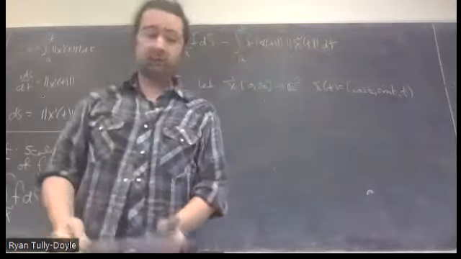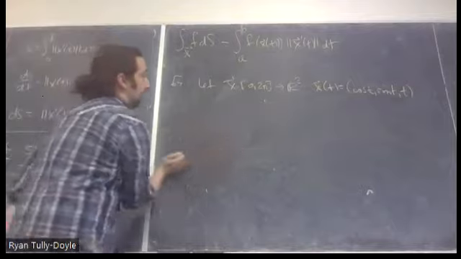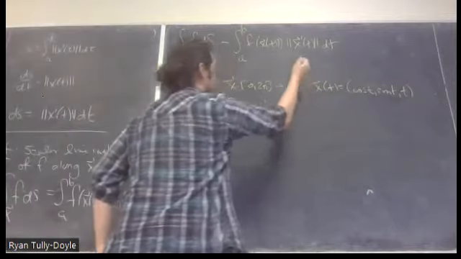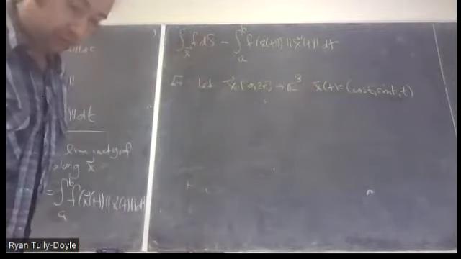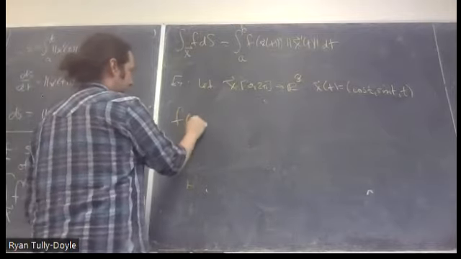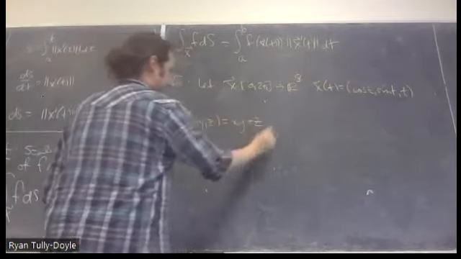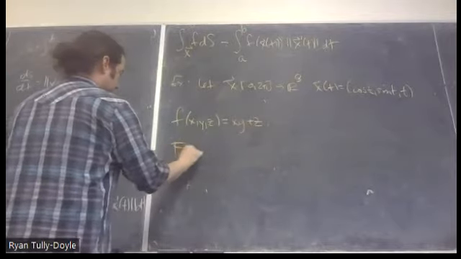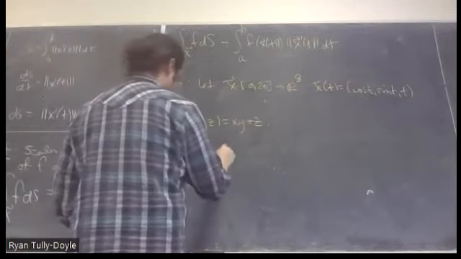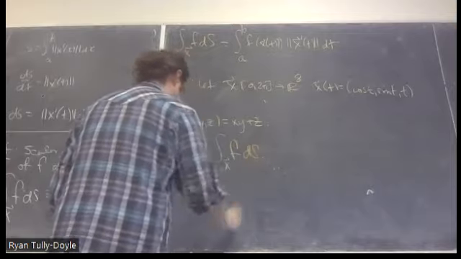So it's the helical path. Is that R3 or R2? R3. And let's integrate the function x, y plus z along that path. So f of x is equal to x, y plus z. Find the integral over x of f.